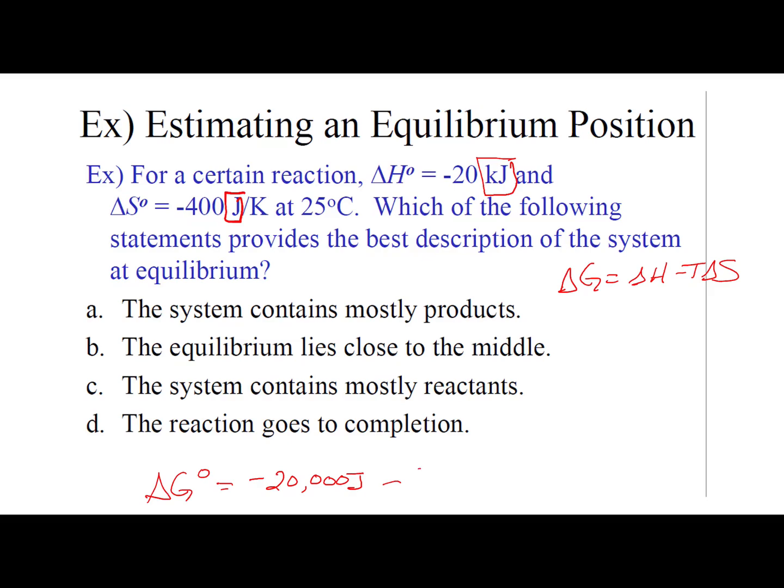And then our temperature, again, 298, but for purposes of estimating without a calculator, 300 Kelvin, and then negative 400 joules per Kelvin. And so it would be negative 20,000 minus negative 120,000, I think, if I did that right. 400 times 300, 4 times 3 is 12, and then you have 4 zeros, right?